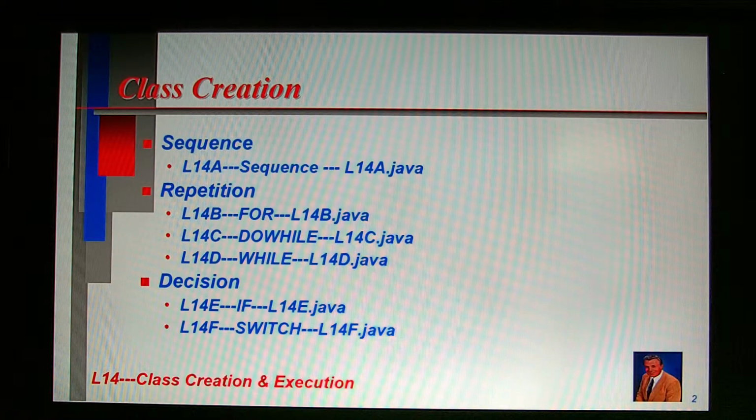Before the classes representing each of the computer program code models can be executed, that is, the control structures demonstrated by code models L14A.Java through L14F.Java, these classes must first be created. Hence, user-defined classes L14A through L14F must be created.